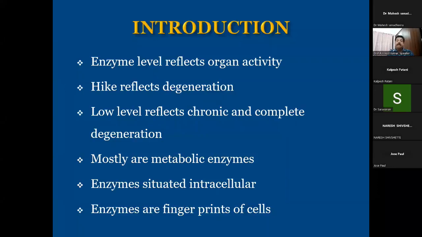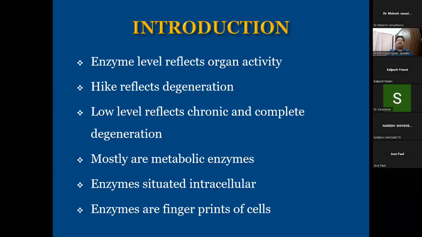So the lipase is very high. We can say that the pancreas is degenerated. There is destruction of the pancreatic cells. So we say there is pancreatitis. So high reflects degeneration. Then low level reflects chronic and complete degeneration.